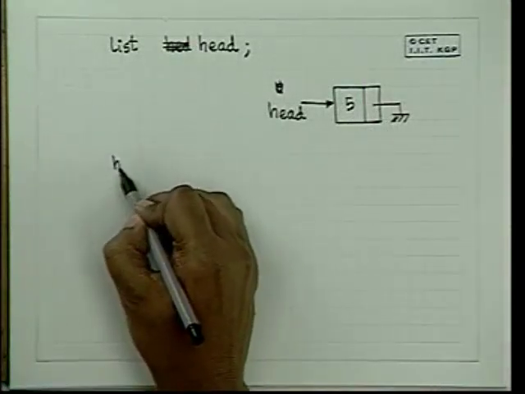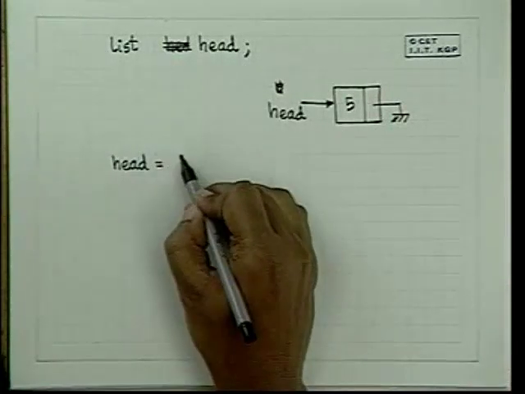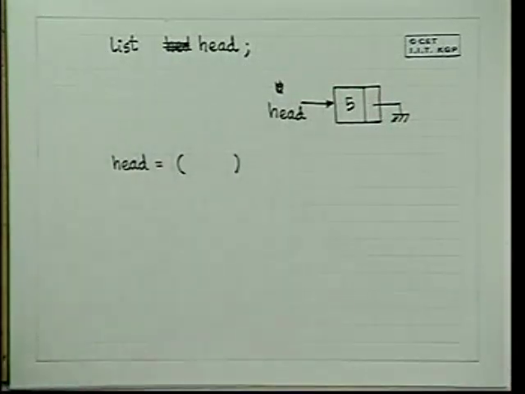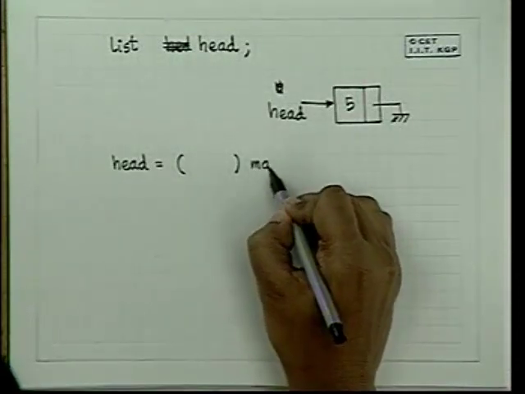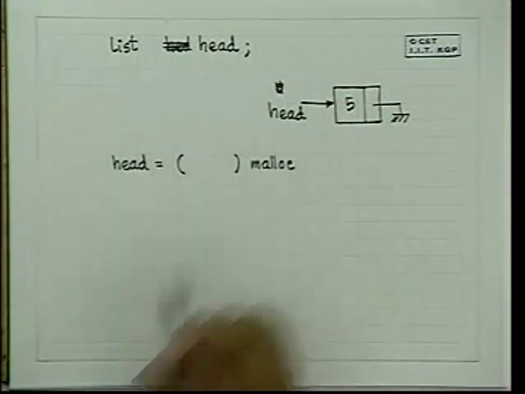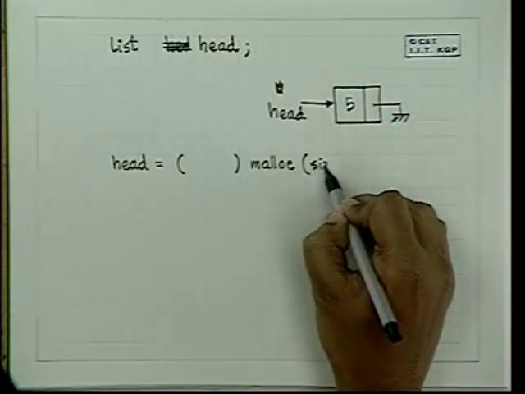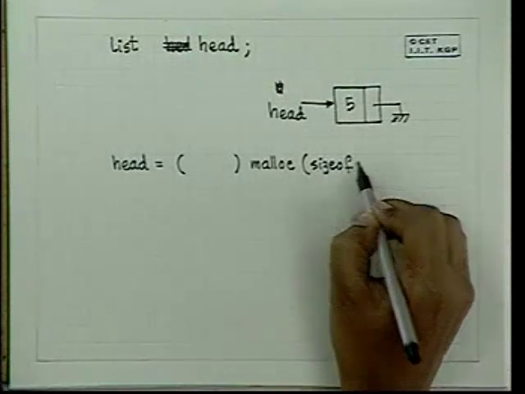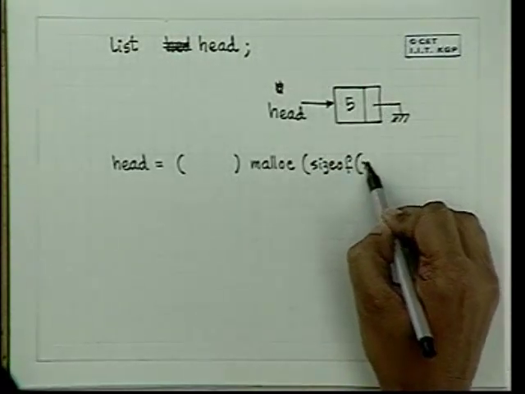So for that we will have to say head is equal to malloc, size of, we are going to allocate one node of this size, isn't it? So size of node.